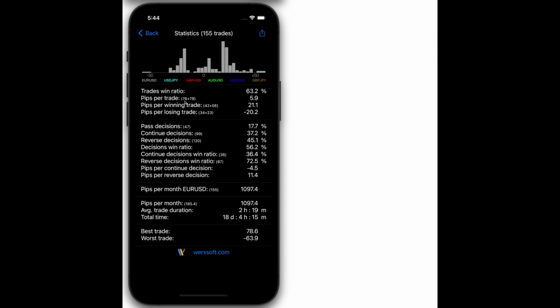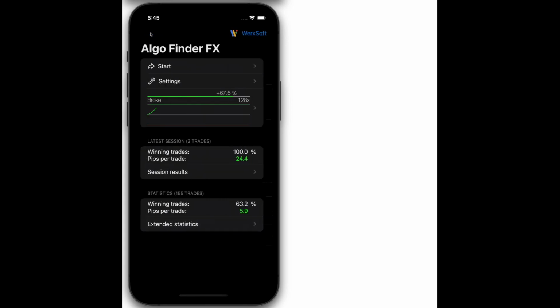These cryptic numbers are 76 long trades plus 79 short trades. So these are the statistics for our last 155 trades.